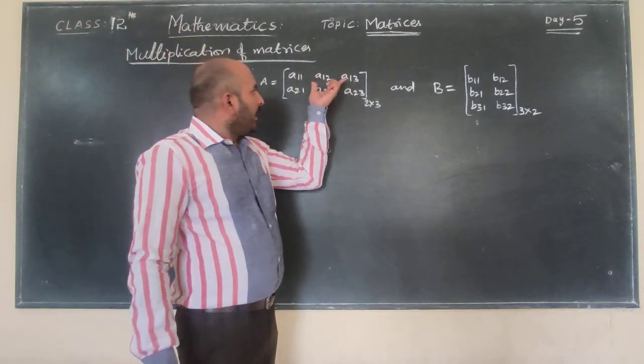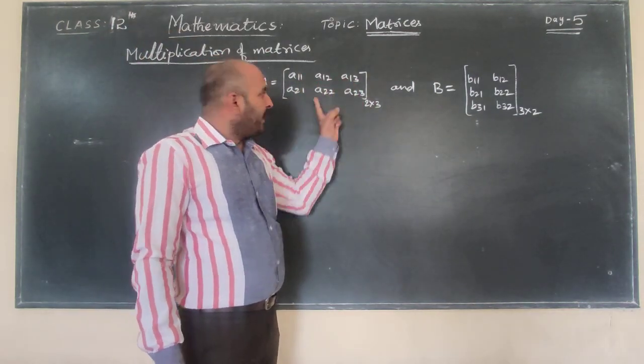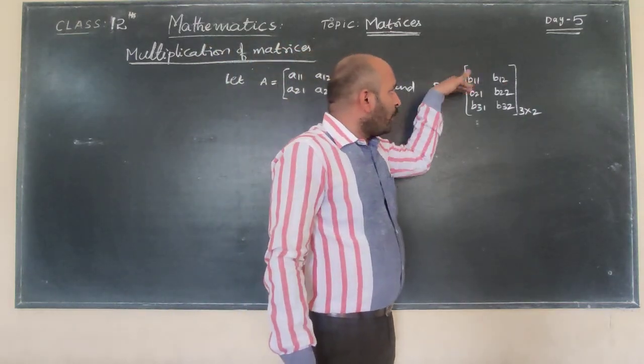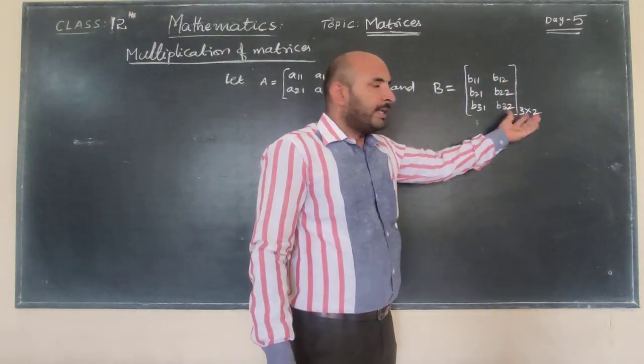See, here capital A has 2 rows and 3 columns, and here B has 3 rows with 2 columns, so the order is 3 cross 2.